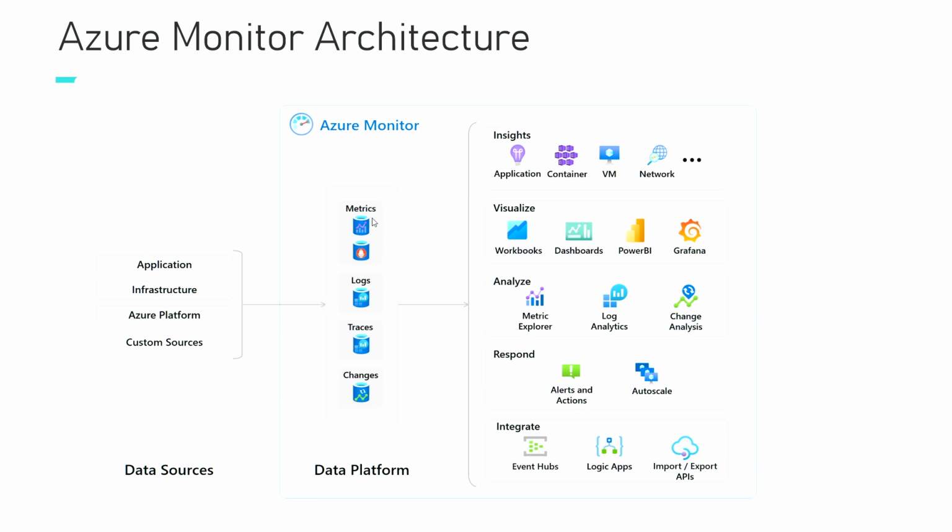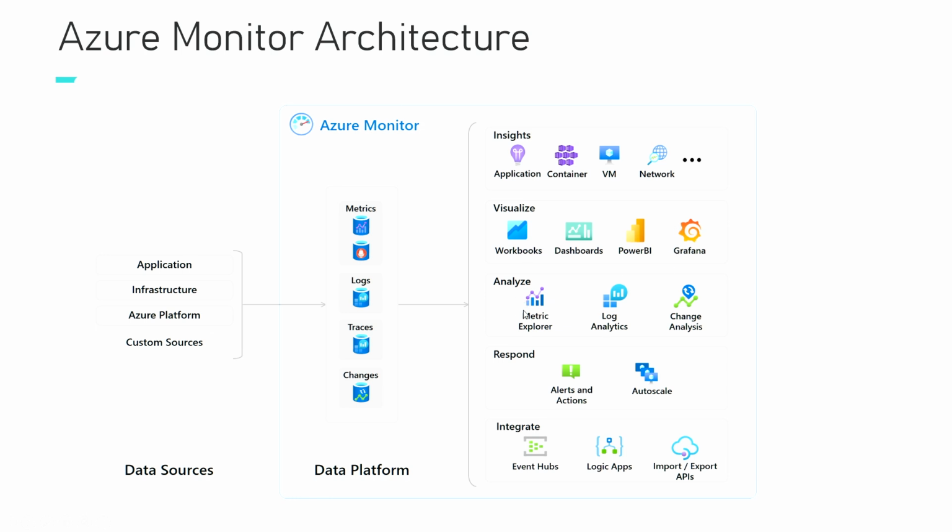Once that data is collected, then it goes into typically what we call the Log Analytics workspace, which is that database that I was talking about, a database-like system where you save the data. And then after that, of course, you have insights we will get into. You can visualize the data using workbooks, dashboards, Power BI, Grafana.